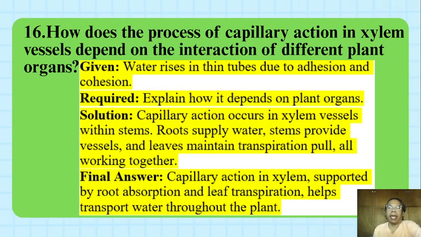Required: explain how it depends on plant organs. So solution: capillary action occurs in xylem vessels within stems. Roots supply water, stems provide vessels, and leaves maintain transpirational pull, all working together.